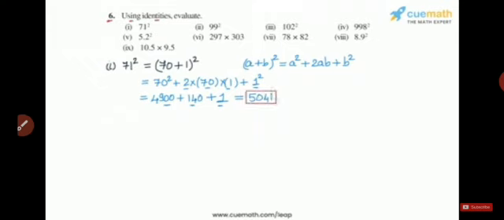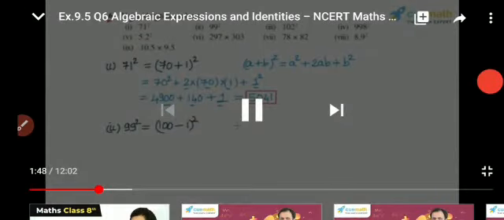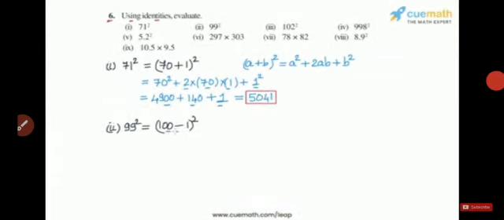And we have to find the square of a particular number by applying the algebraical identity. And second part is 99 square. That is represented by 100 - 1 whole square. And we put the formula of a minus b whole square, that is equal to a² minus 2ab plus b².